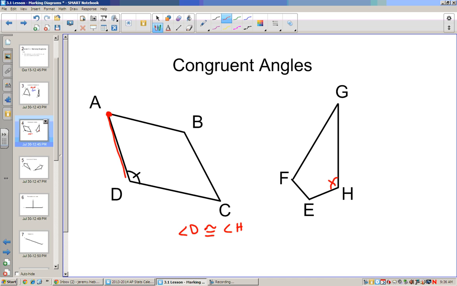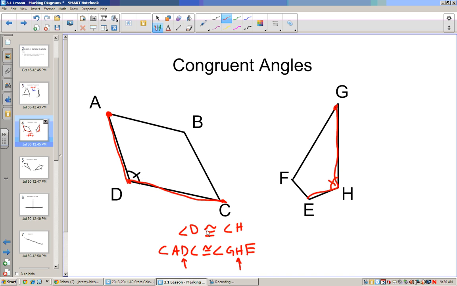We can go ADC, angle ADC is congruent to angle GHE. Now keep in mind, when you use three letters, the vertex that you're on has to be that point that's in the middle. So see D and H.